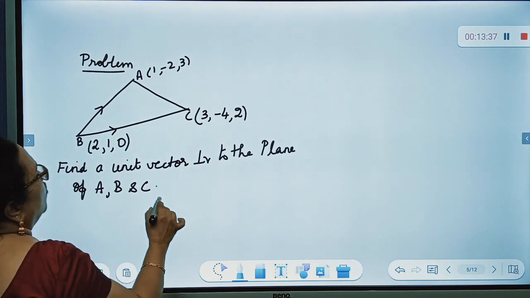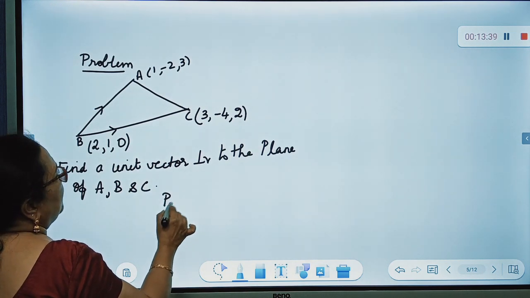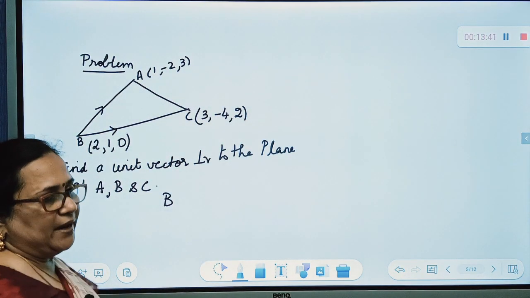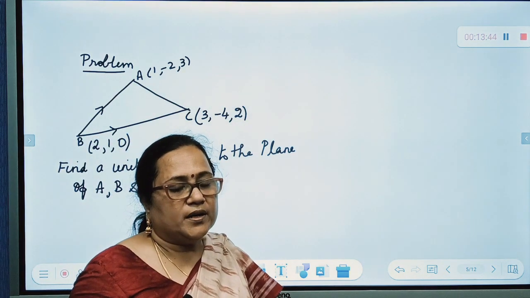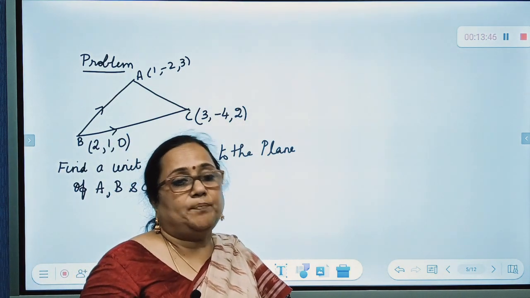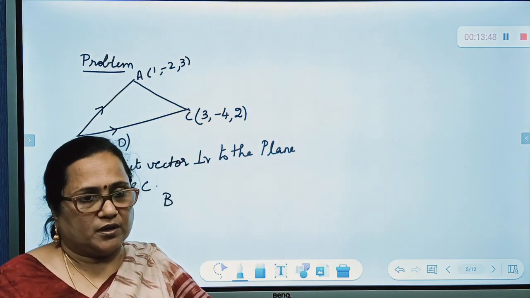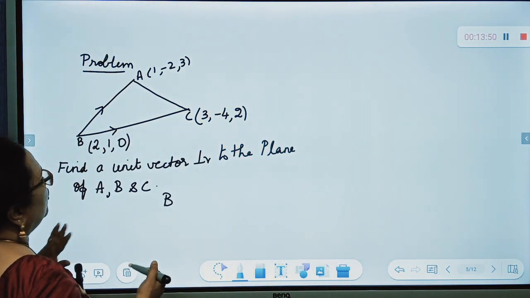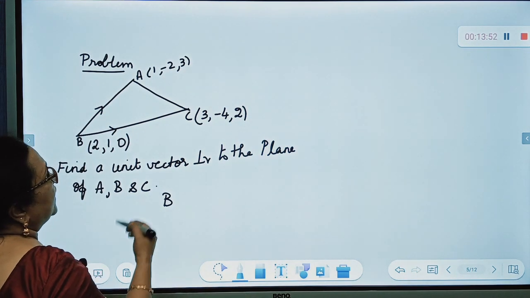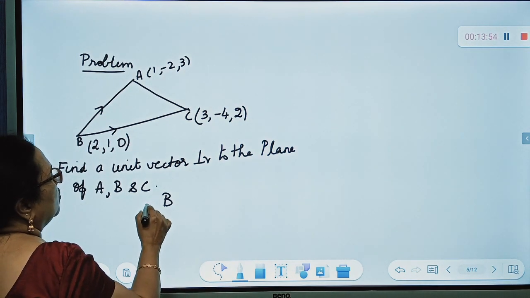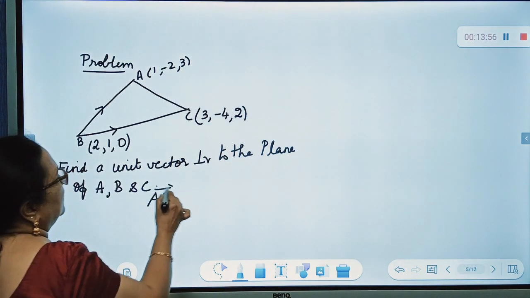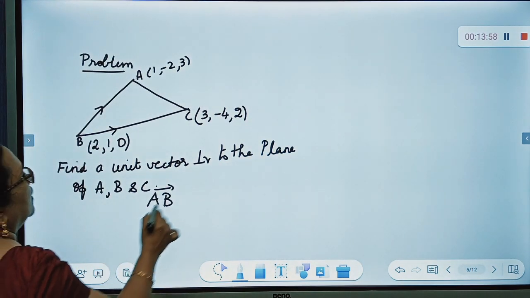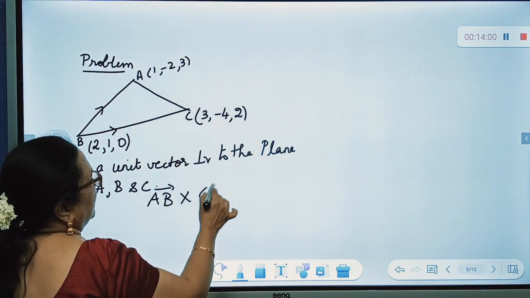Then if I take any vector in a plane and take the cross product, it will be a vector perpendicular to the plane. That is the definition of cross product. So in this plane, I am going to take two vectors and take their cross product. So let me take AB vector cross CB vector.